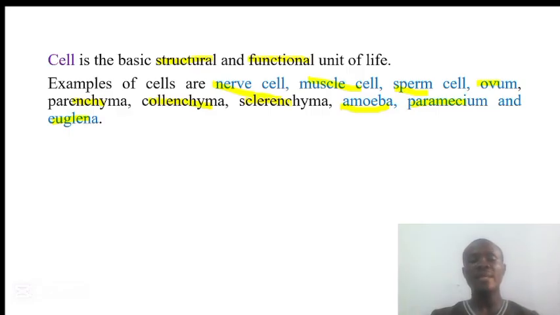In some cases, we ask you to give examples of cells found in human, or examples of cells found in plants, or examples of organisms that exist at the cellular level. So all of them are important in different ways.